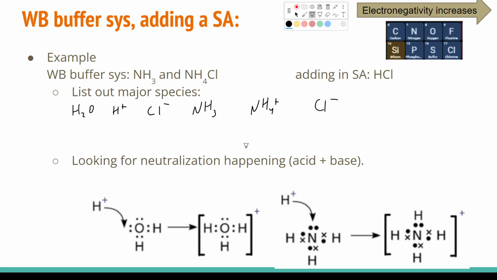It's fine. And so our acid choices, we have the H+, we have the water, and then we have the ammonium. So those are our acid choices. The strongest acid is literally the H plus from the fact that we added HCl. So that is going to be the one we need to neutralize because it's from the strong acid.